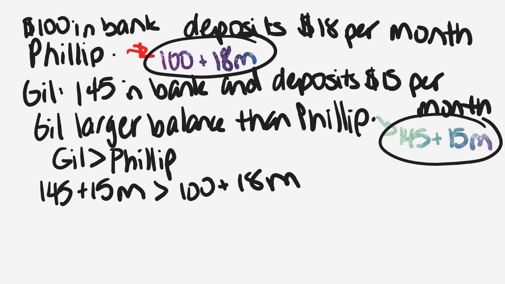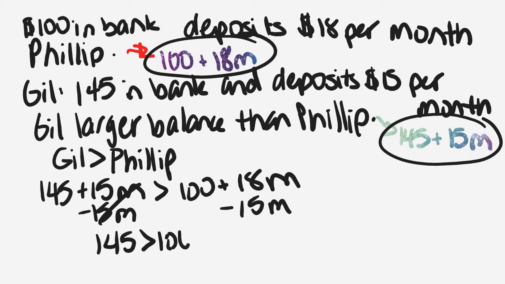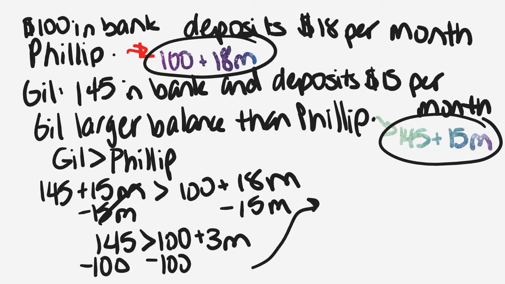All right, now our strategy. Put all the letters on one side and all the numbers on the other. So I'm going to move this 15m over here. Those are going to cancel. I have 145 greater than 100, and then 18 minus 15 is 3. That is a plus 3m. All right, now let's move this 100 to be with his friend 145 over there. 145 minus 100 is just 45, greater than 3m.